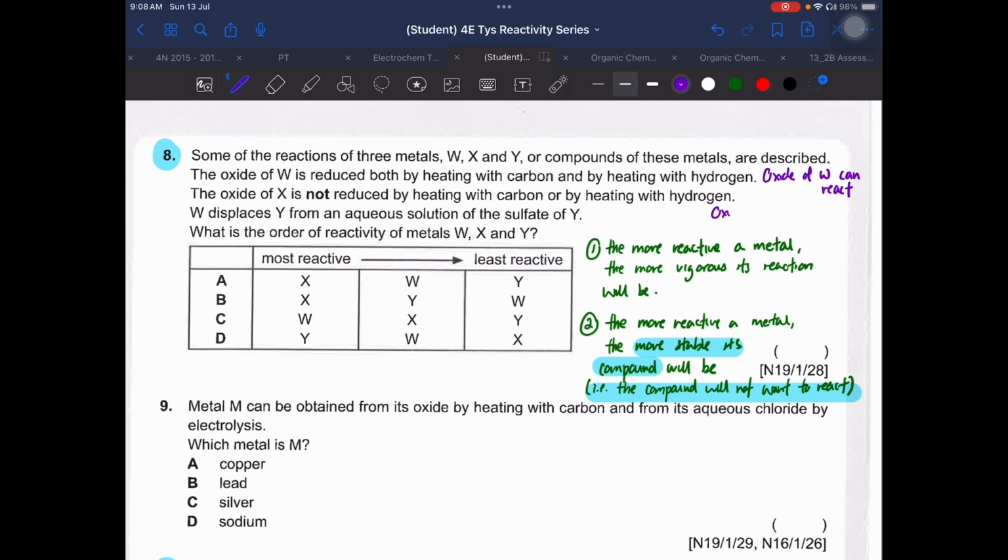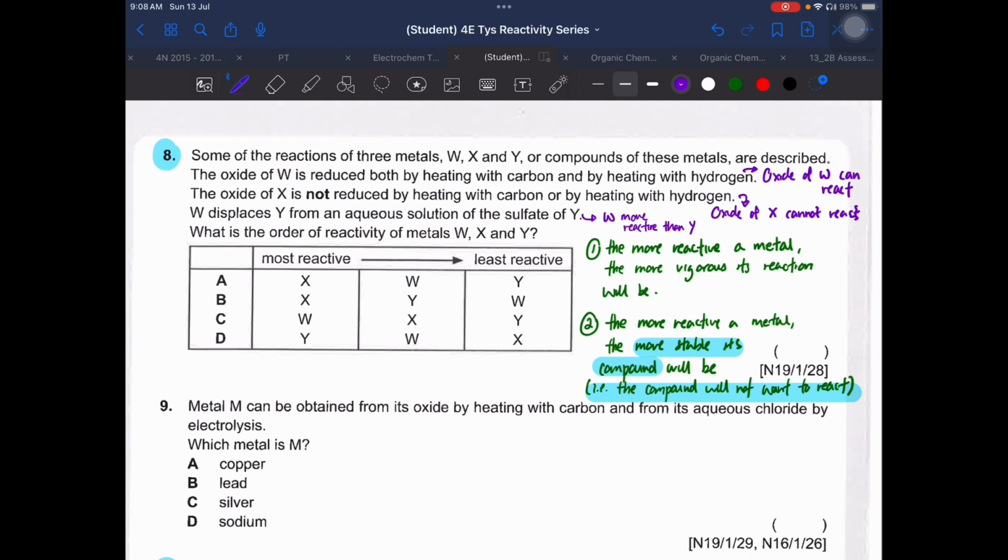So basically, oxide of X cannot react in this context. Last one, W displaces Y from an aqueous solution of the sulfate of Y. So what does the last sentence tell you? Because it's about displacement, right? And it's between metals, right? So this will allow us to understand that W is more reactive than Y.